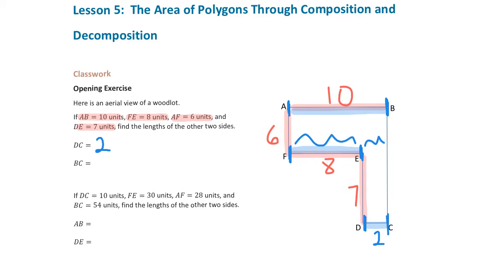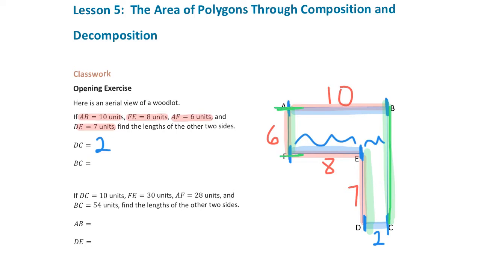The next thing it asked me for is how long is BC? So that's this distance over here. I look for the other lines that go the same direction, and that's these two pieces here. So I can see the one that I don't know is the one that is the total.